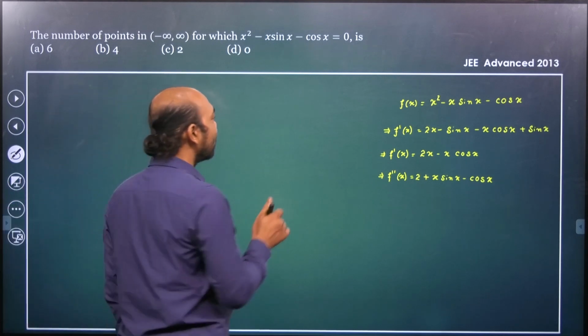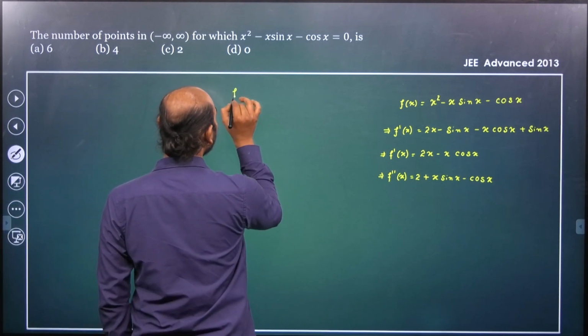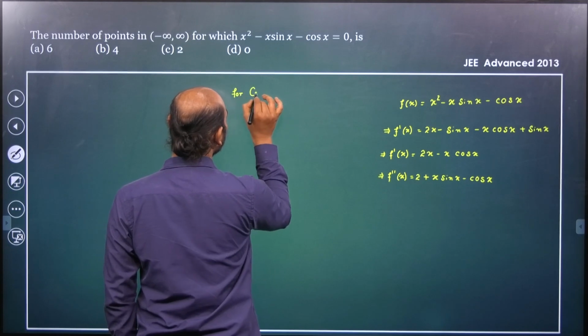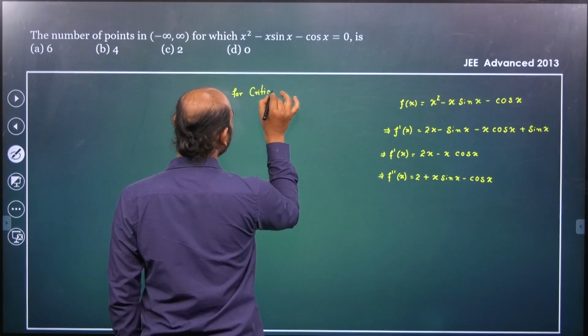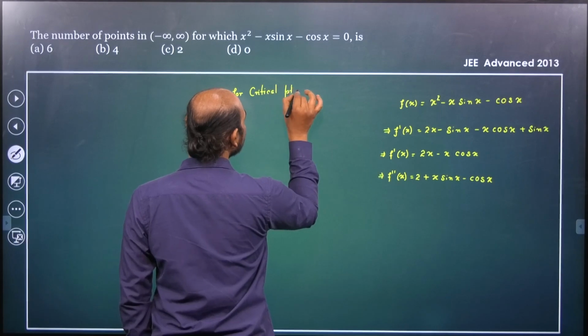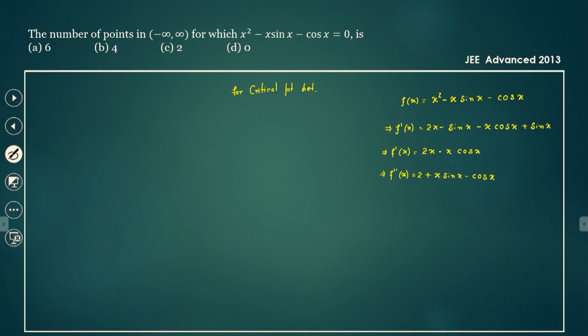Now to find the critical point, let us consider that f'(x) is equal to 0. If f'(x) is equal to 0, that implies 2x minus x cos x is equal to 0. Taking x common, we have x times (2 minus cos x) equal to 0.